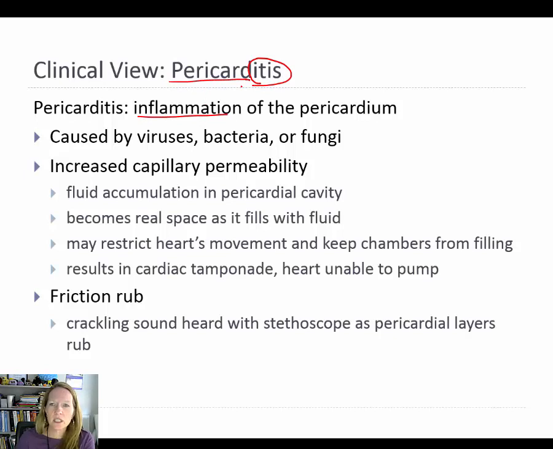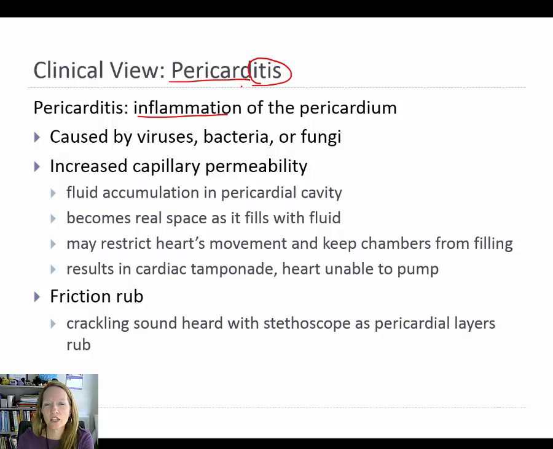This can be from viruses, bacteria, or fungi. Any of those can cause pericarditis. But what happens is the capillaries inside of the pericardium become leaky. That's what increased capillary permeability means. More fluid than necessary is going to seep out.